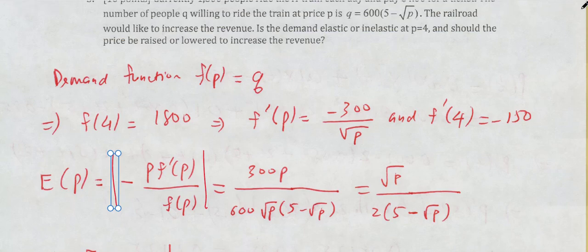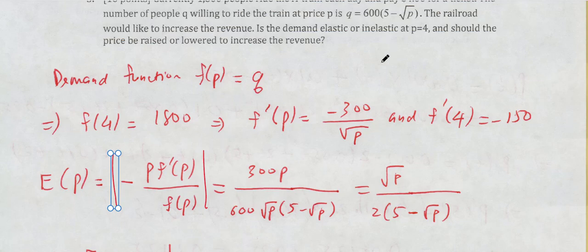F of p is the q, which is the demand function, which is right here. Okay, this is the demand function f of p equal to q, and let me try to rewrite it here.